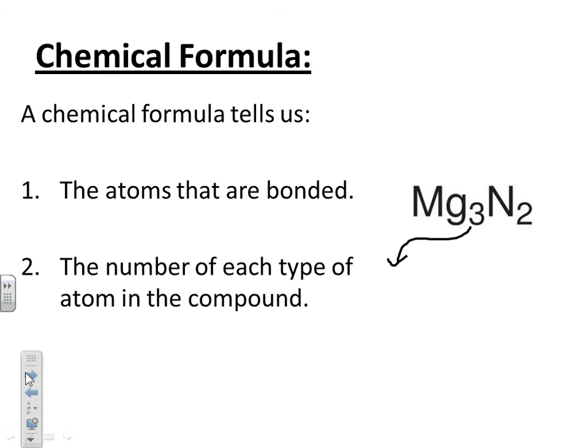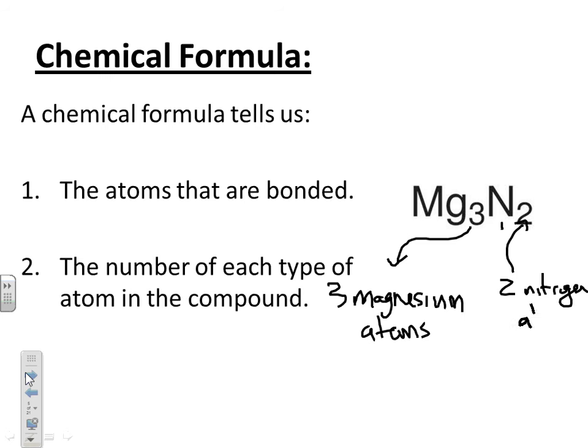But the 3 simply tells me there are 3 magnesium ions in this case. 3 magnesium, and they're technically ions, but I'm going to just write down atoms for now, atoms in this particular substance. And in this case, the 2, I'll point at the 2 nitrogen atoms. Again, they're actually nitride ions, but we'll get to that in a moment. Are we okay with this idea, that the number tells us the number of atoms? Excellent.